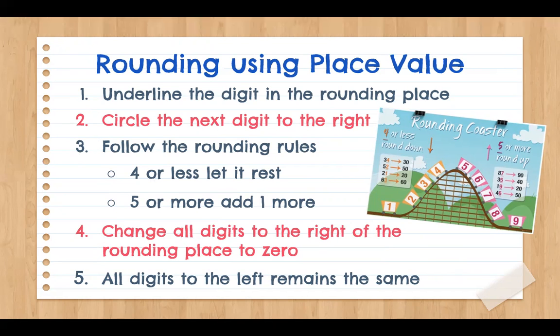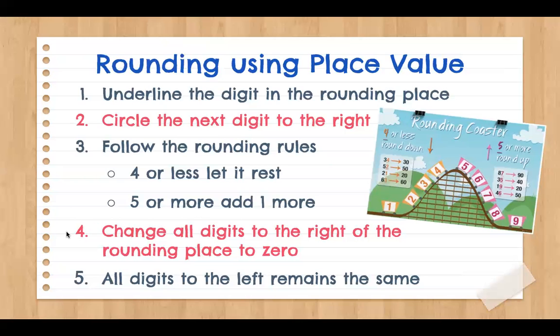So if the number that we circled is 4 or less, the number that we underlined, we let it rest. But if it's 5 or more, we add 1 more. That means that if the number we circled is 5 or more, the number that we underlined, we add 1 more.